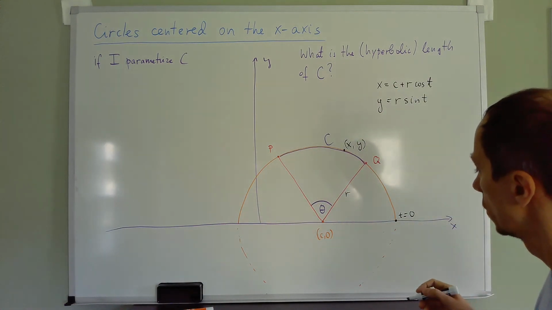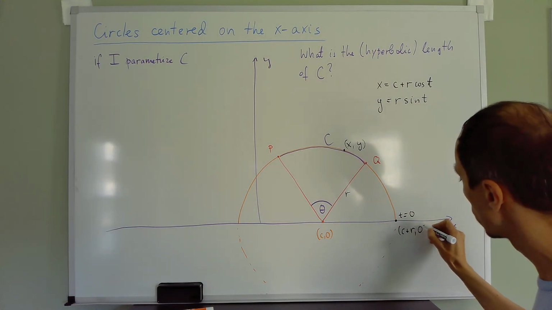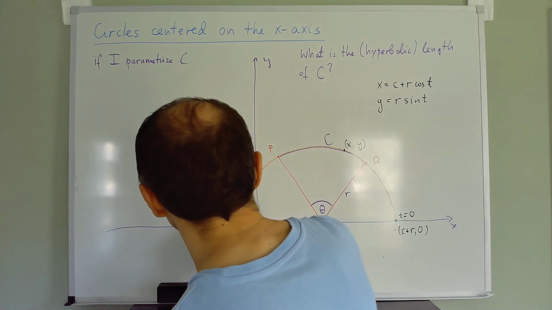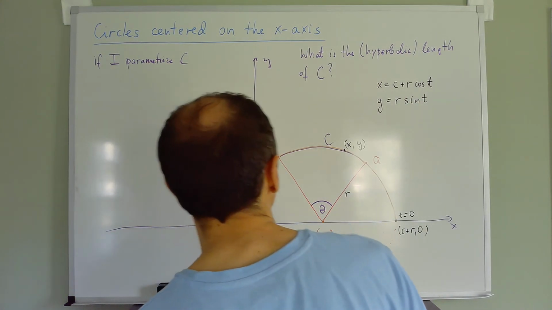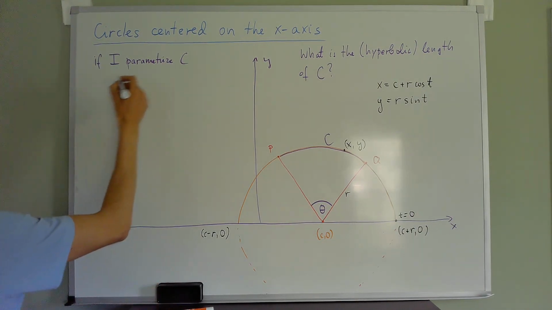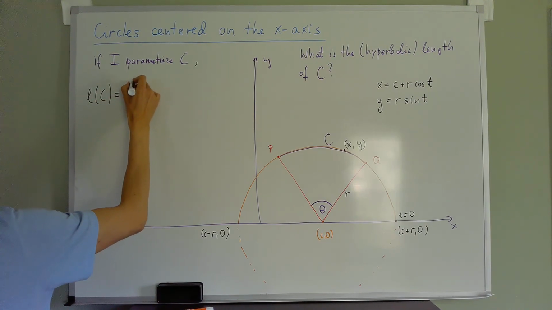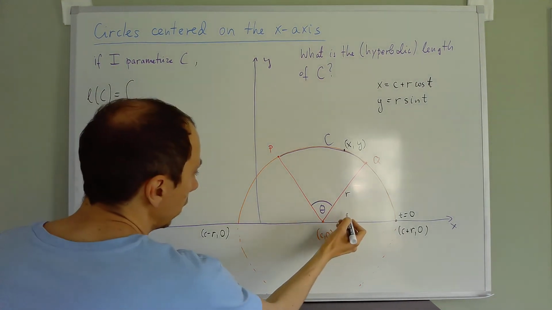So the coordinates of this point here are c plus r, comma 0, and of this one are c minus r, comma 0.